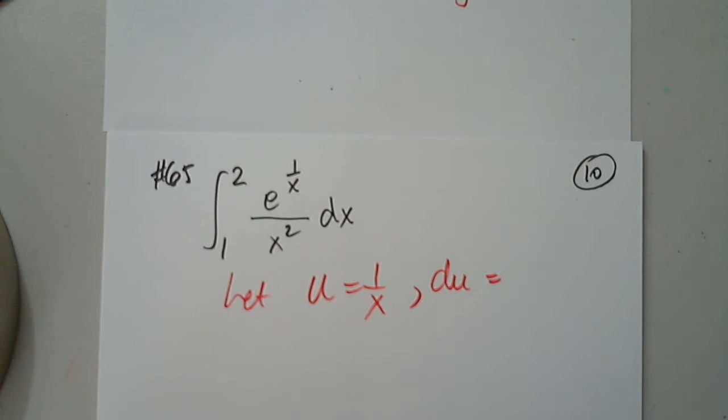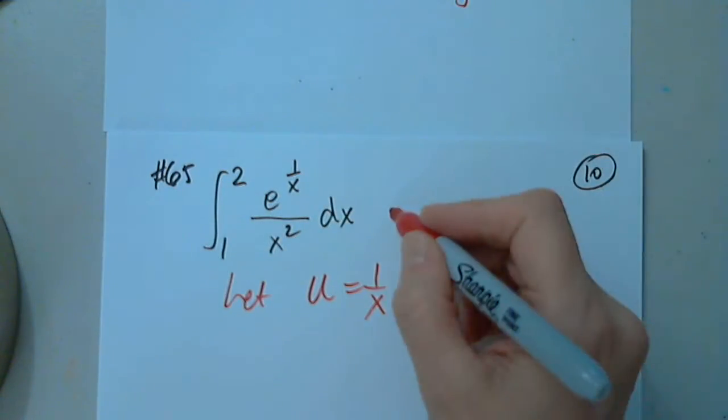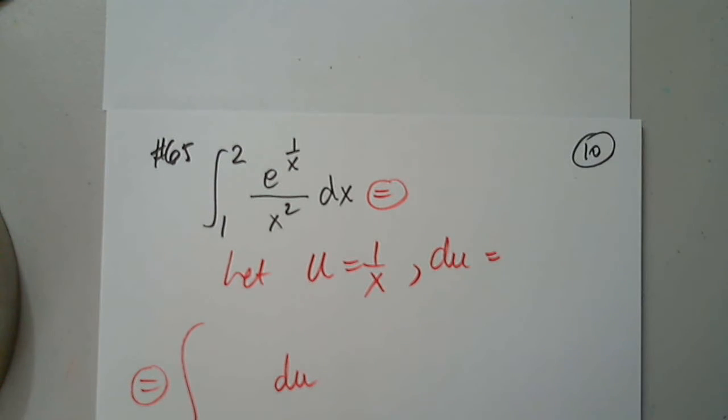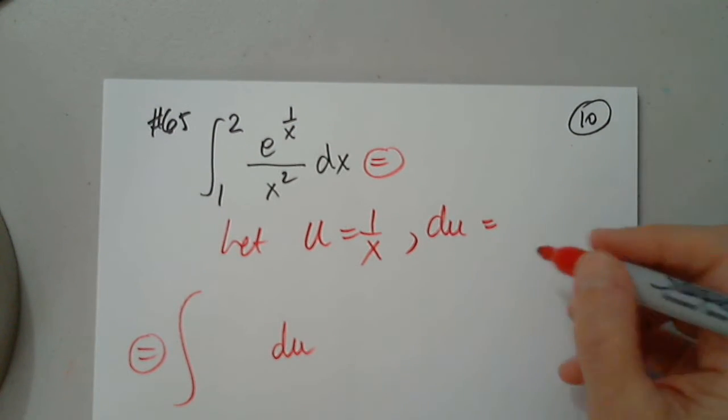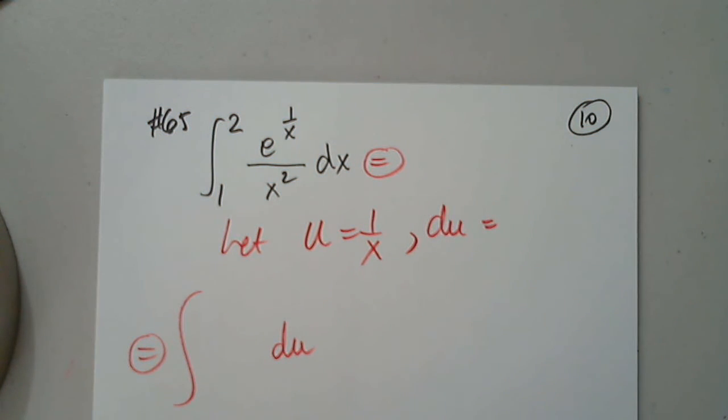Always. So can anyone give us du? Because without du, I can't proceed. Because I want to change from dx into something with du. I have to have du here, otherwise I can't continue. Negative 1 over x squared.